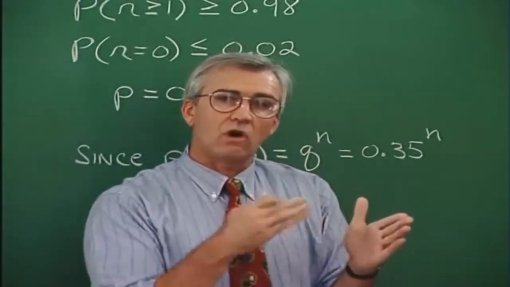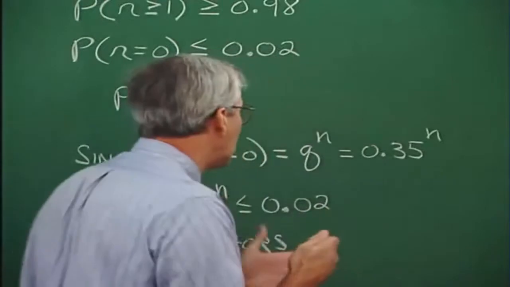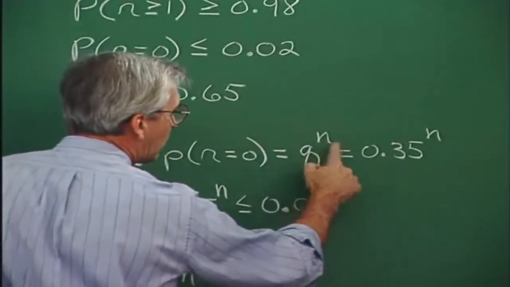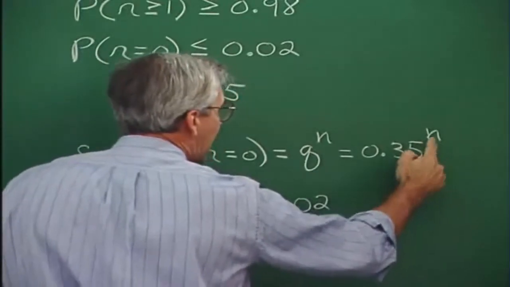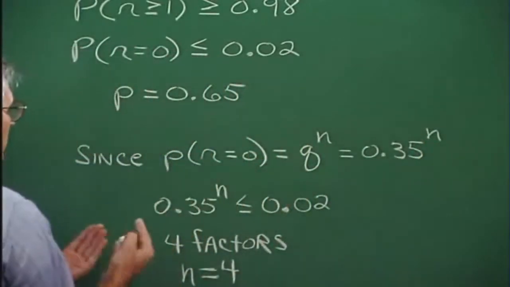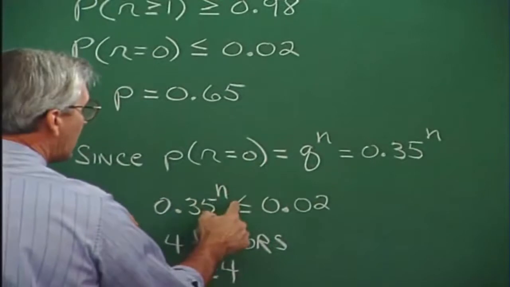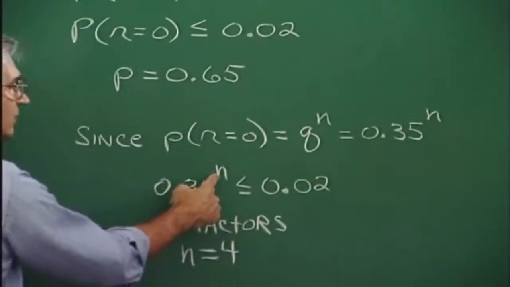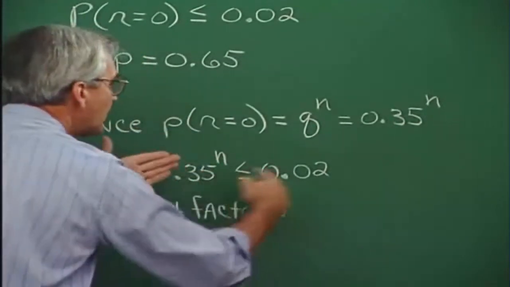So it's failure for all of the trials in the experiment. So it would be q to the n power, or 0.35 to the n. And in this circumstance, we want 0.35 to the n power to be less than or equal to 2%, or 0.02. Now, how many does n need to be for this to occur?